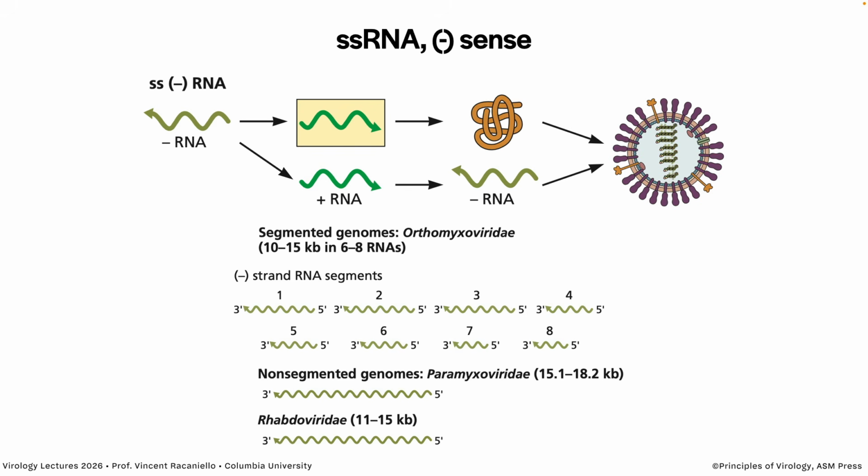These viruses can have a genome in pieces. They're called segmented. So for example, the influenza viruses have an 8-segment genome. And there are also viruses with non-segmented genomes like measles virus and rabies virus, Ebola virus, if you will, all negative sense genomes.